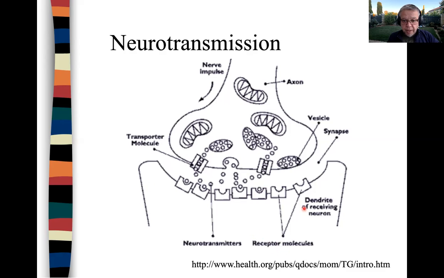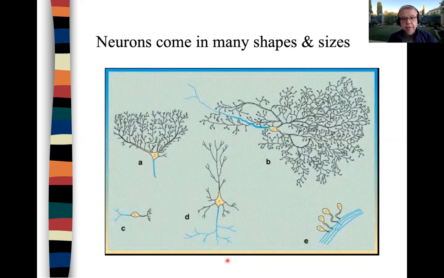And these are receptor molecules. So this is the dendrite of the receiving neuron. So it receives information from the axon, goes to the dendrite, and goes to the next neuron for processing. You can have neurons come in many shapes. So you can have one axon and then lots of dendrites.